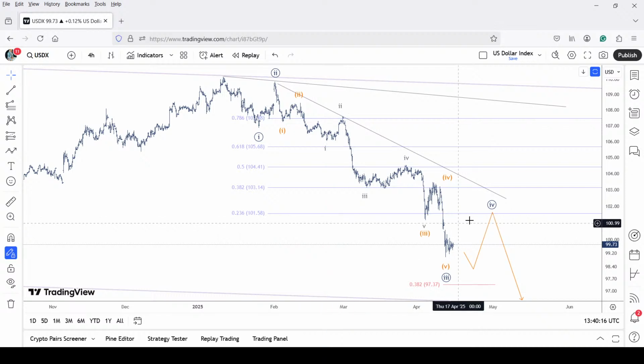You won't find prices rallying all the way towards 101.50 if your provider is different, so kindly adjust according to the provider. The corrective wave is expected to hit the price around 101.50 and then turn lower again towards 96, possibly 94, and further lower as well. All right, that's the price perspective.